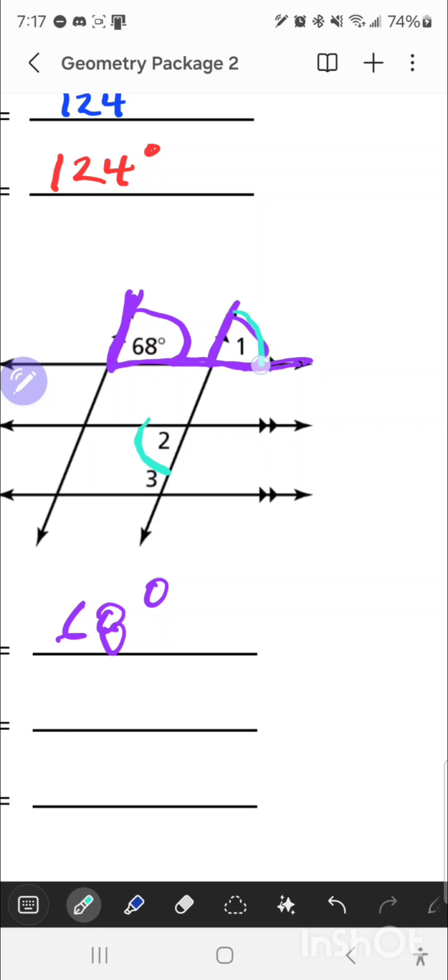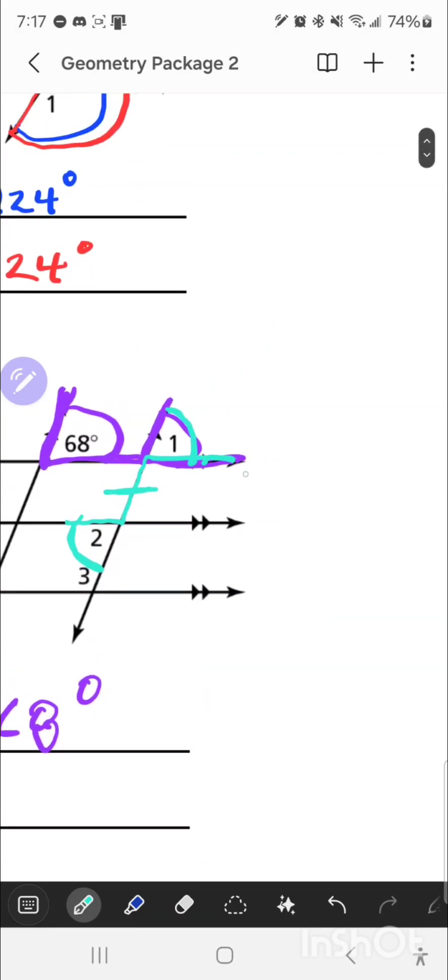Now for angle 2, I see this, and I also see angle 1. If I draw a figure, there is a Z here, and a Z just means alternate angles. Okay, wait, alternate.